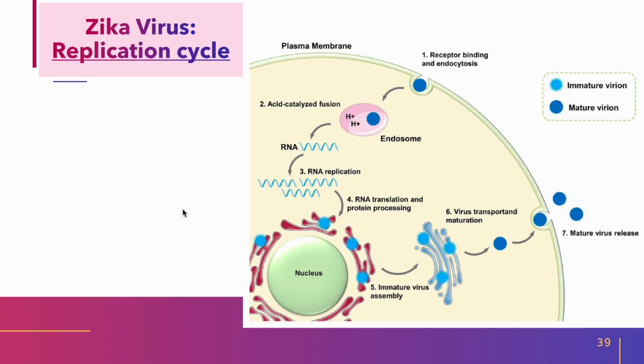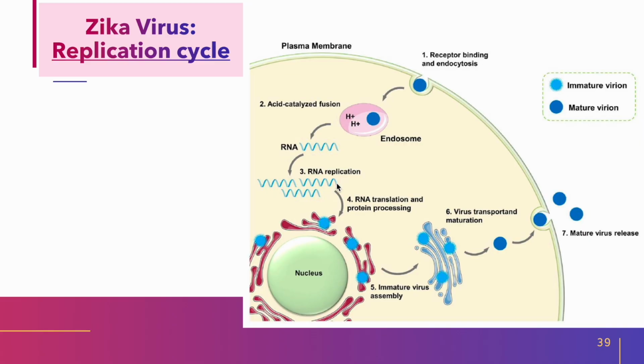Zika virus has a replication cycle like other viruses such as dengue virus. First, there is receptor binding and endocytosis into the host cell, and then it gets into the endosome, where the proton will destroy the envelope and the single-stranded RNA of the virus is released.